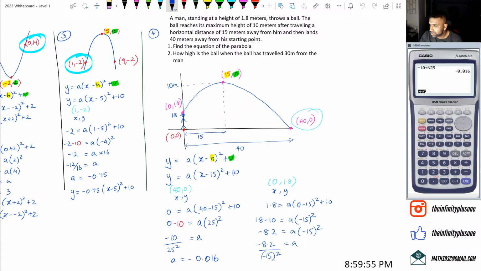Let me just, sorry, I'm just trying to work out this question at the moment. 1.8, let's make this guy 2 meters, because then it's actually workable.